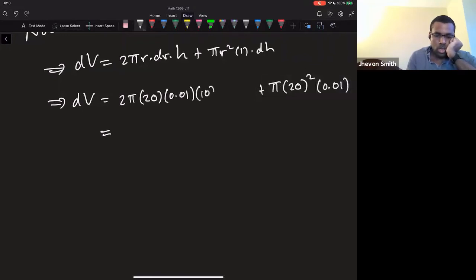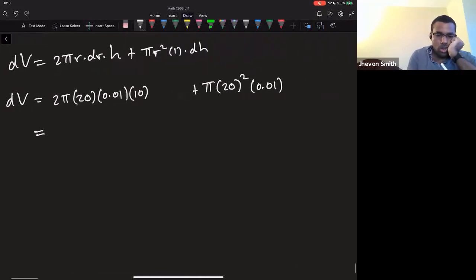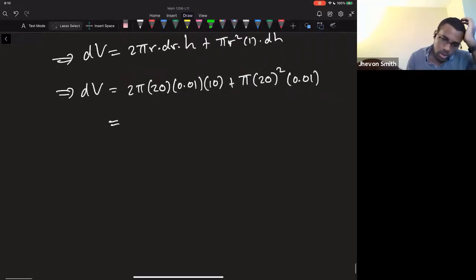H was 10. Okay, so I think 10 is going to cancel one of those 10s because that's 1 over 100, and then this part is going to cancel all of that.